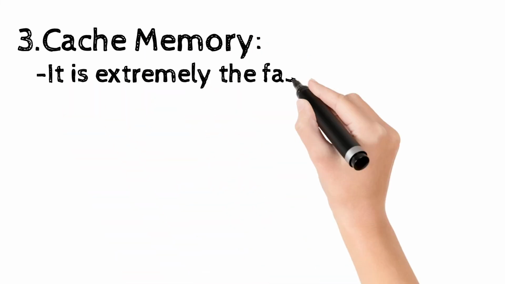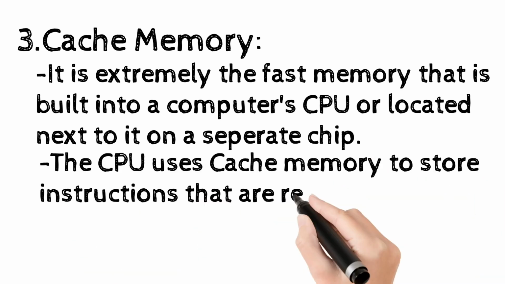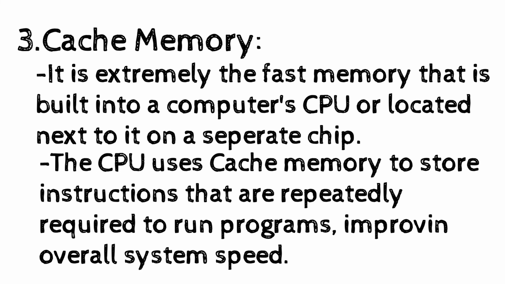Cache memory. It is extremely the fast memory that is built into a computer CPU or located next to it on a separate chip. The CPU uses cache memory to store instructions that are repeatedly required to run programs, improving overall system speed.